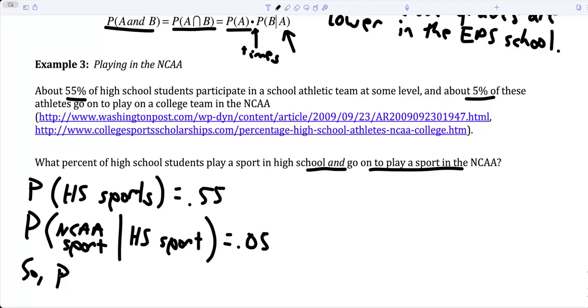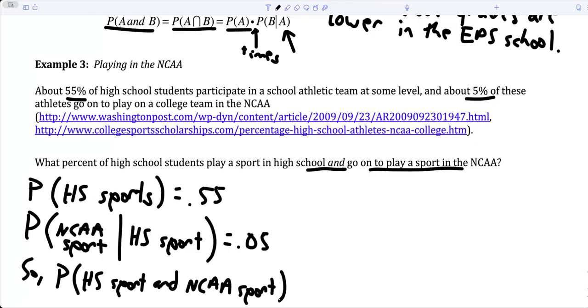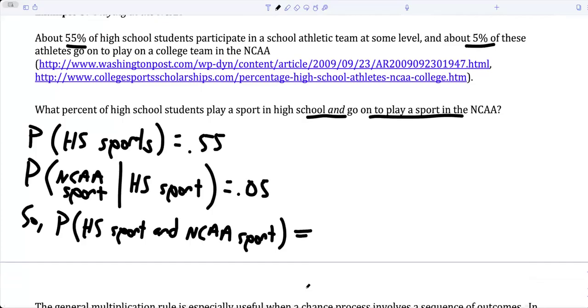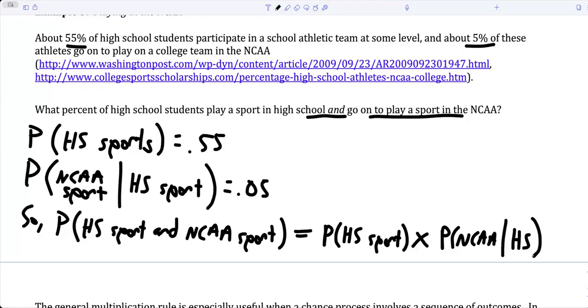The probability that they play a high school sport and an NCAA sport is going to be the probability of the first event, the probability of a high school sport, times the probability that they play an NCAA sport, given the fact that they played a high school sport.